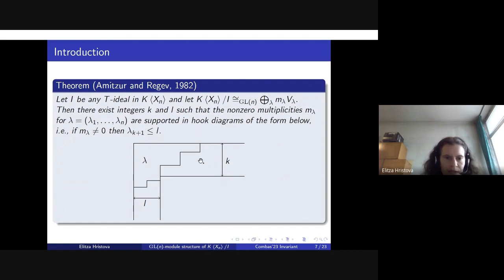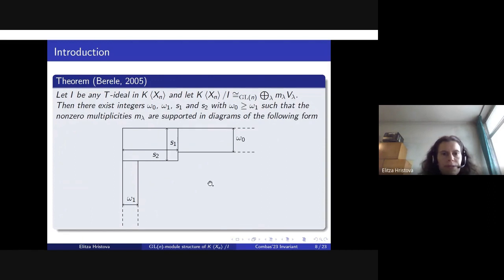Which means that from the k plus first entry of the partition lambda, all entries are bounded by the number L. And for the first k entries in the partition, we have no restrictions. So this is this theorem.